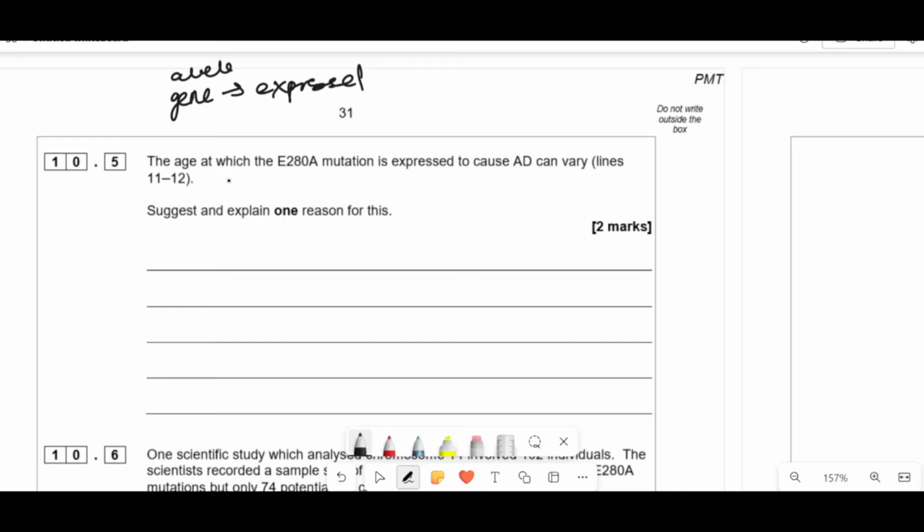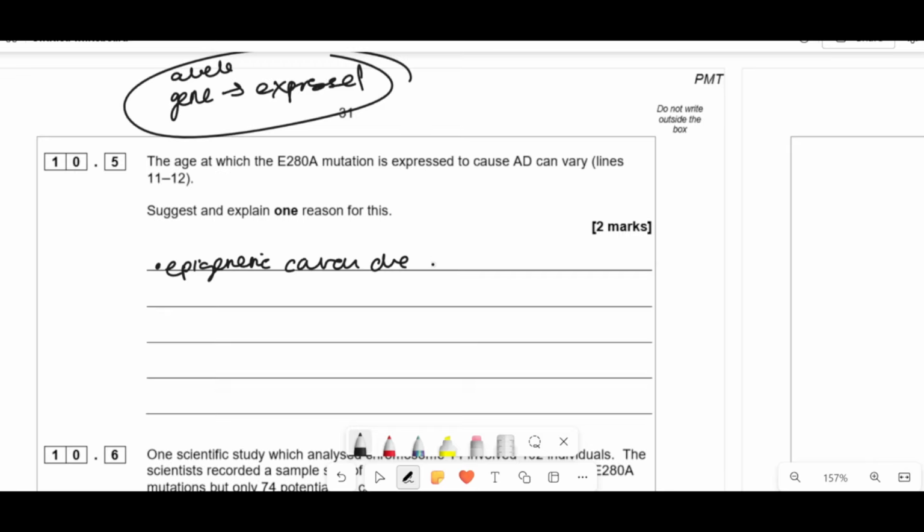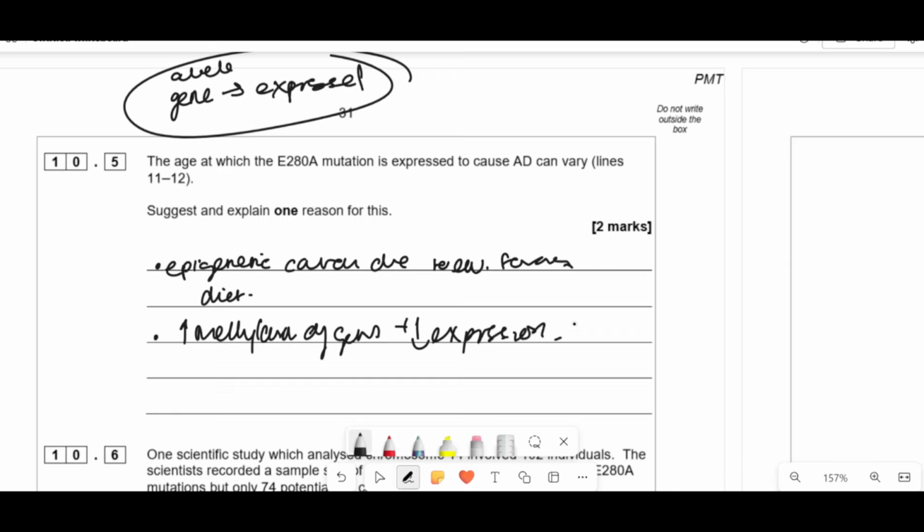What it's trying to get at is there's something stopping it from being expressed, which is epigenetics. So epigenetic control due to the environment, for example diet, exercise, smoking, etc. It's because of either increased methylation of genes, reducing expression until the time comes, or decreased acetylation. That's what it's trying to get at.